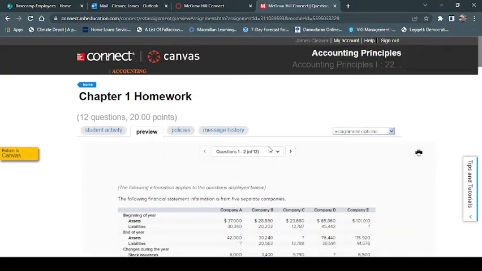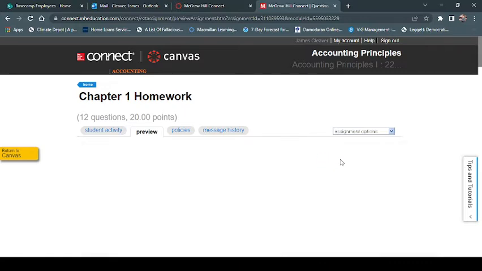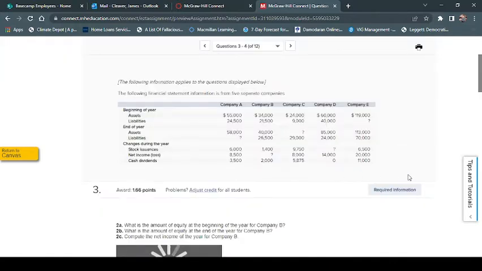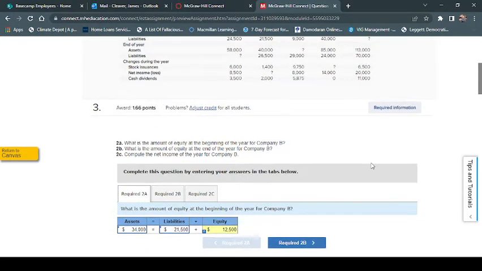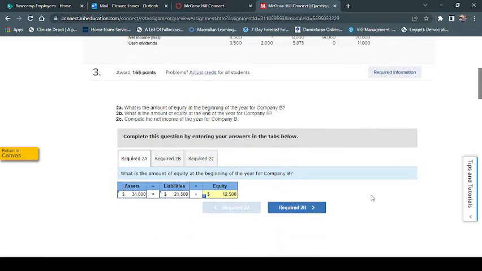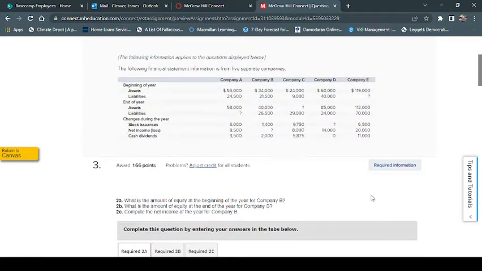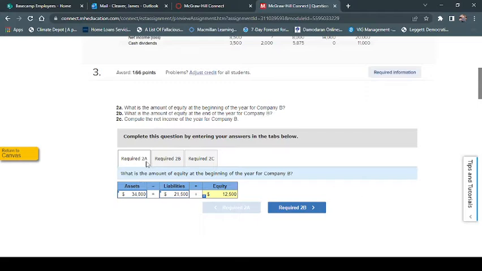Now let's go to 3 and 4. Here we go. Now we're doing the same kind of thing. I'm just having you do it over and over. Like I told you at the beginning, this is just a redundancy kind of thing.